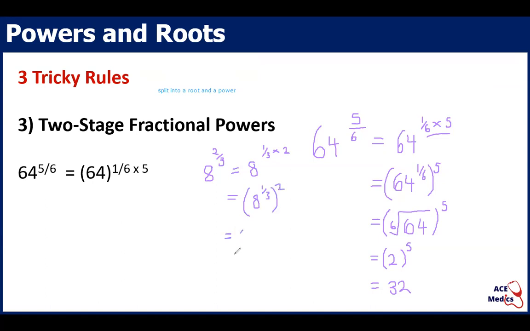That's the same as doing the cube root of 8, squared. We just learned that rule. Now the cube root of 8 is 2. And we're going to square it. 2 squared is 4. Is everybody happy with that?